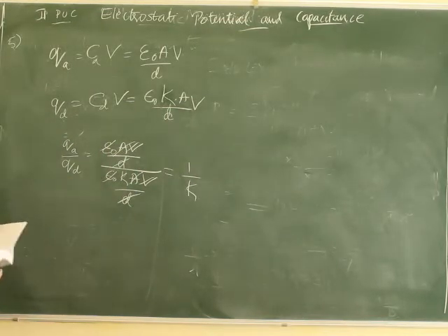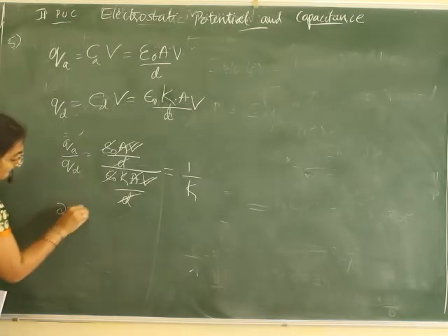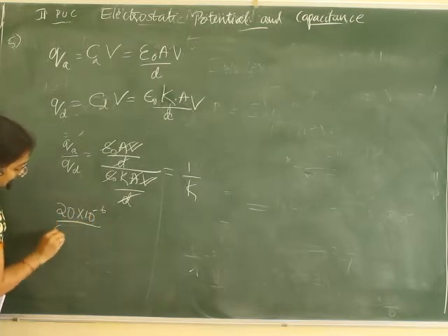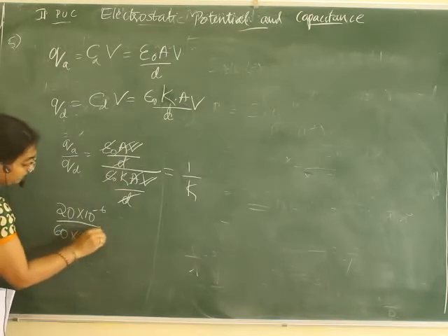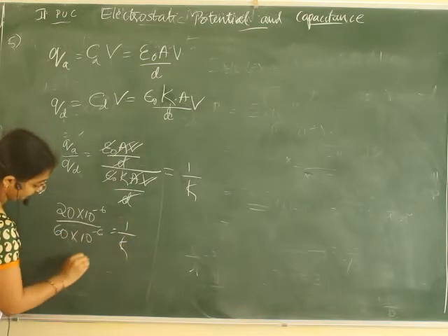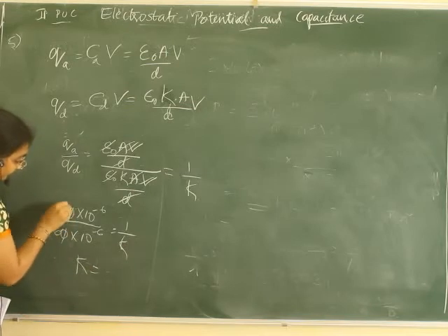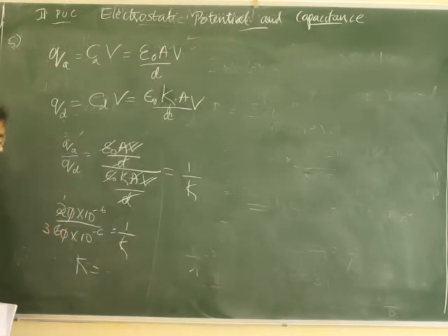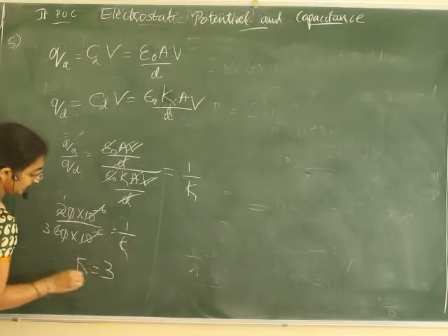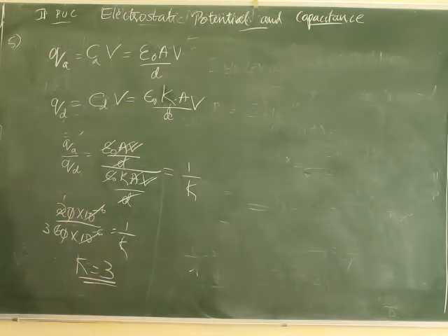The value of QA is 20 micro, and QD is 60 micro. K is equal to 3. Dielectric constant is 3. Correct?